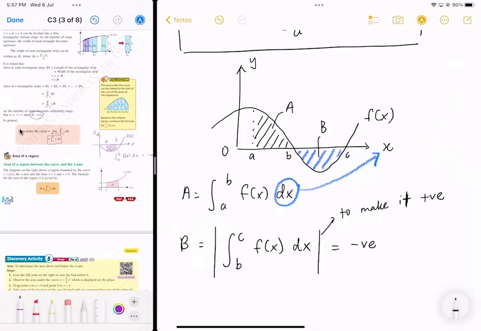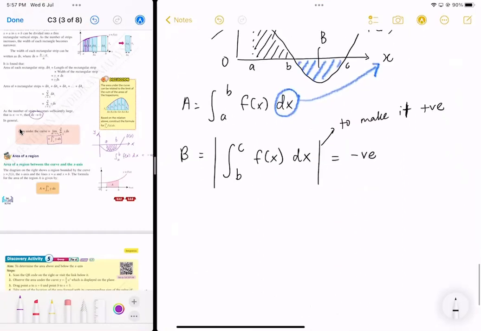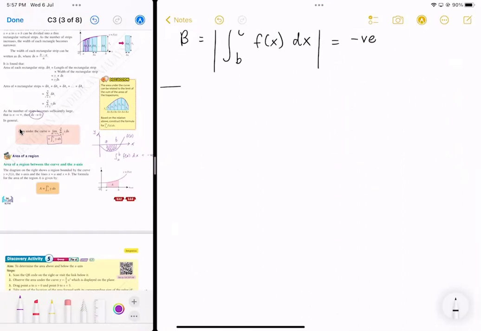So this is integration with respect to the x-axis. Now, we can find area with respect to the y-axis.